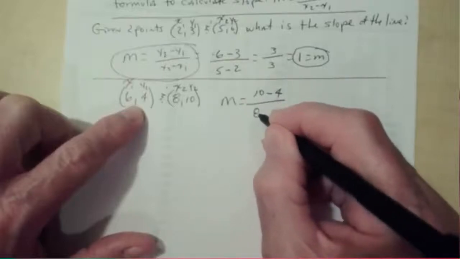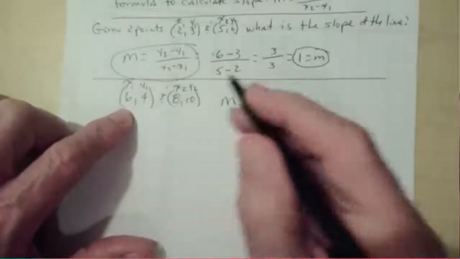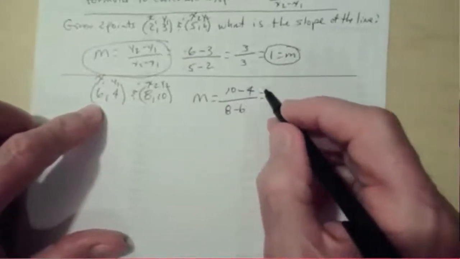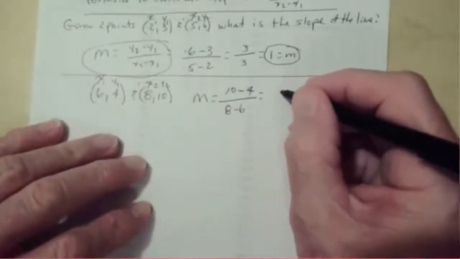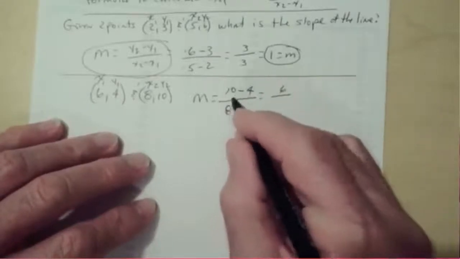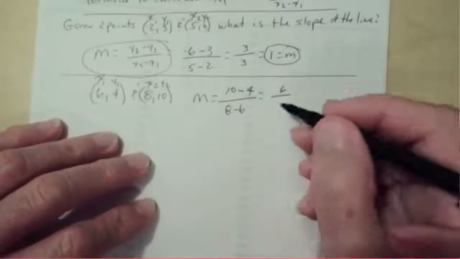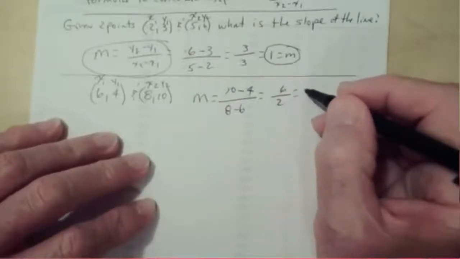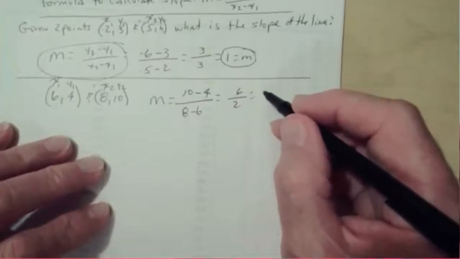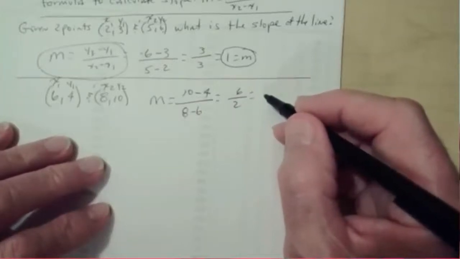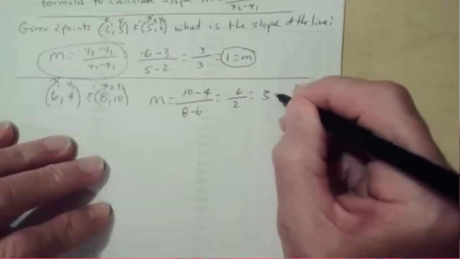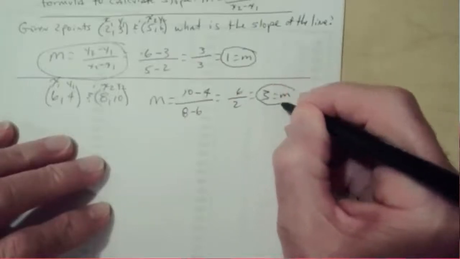Now we do the arithmetic here. 10 minus 4 is 6. 8 minus 6 is 2. Now be sure and reduce the fractions here, or get your 7-year-old brother or sister to help you. 6 divided by 2 is 3. So that's our slope.